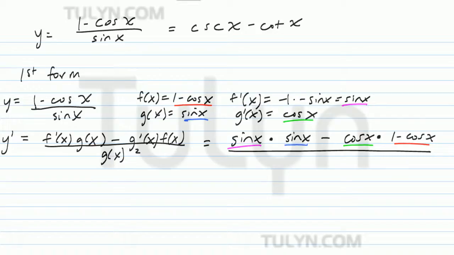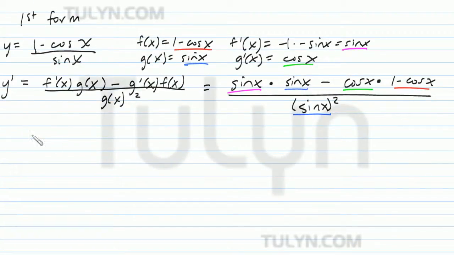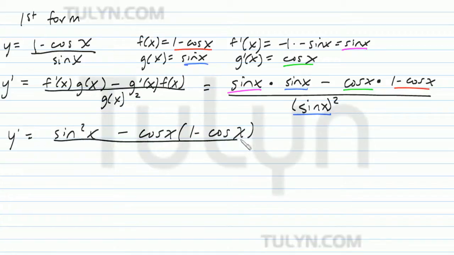So then y prime equals sine squared x minus cosine x times, using the distributive property, (1 minus cosine x) in the outside parentheses, divided by sine squared x.